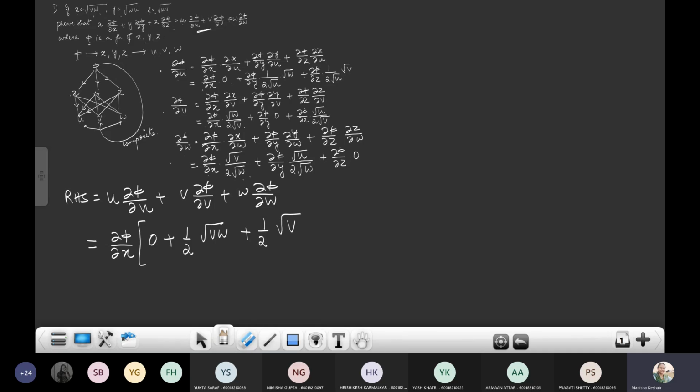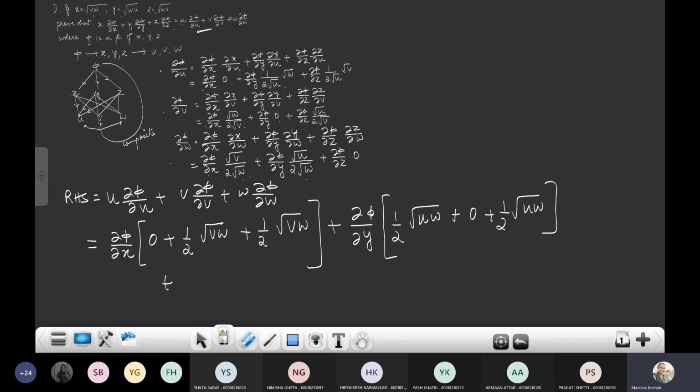So root of vw. So this is what we are getting. Next, we will get plus del phi del y. So let us multiply this one with u. So we'll get half under root uw plus next this is 0. And here we are multiplying by w, so it is half root uw.